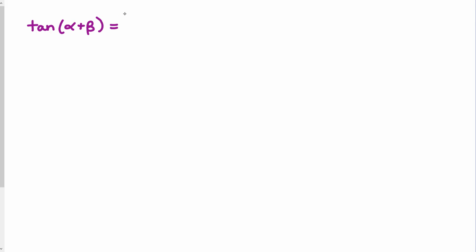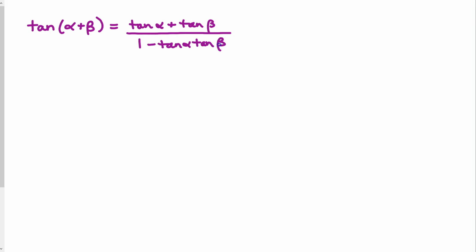What you can do to derive it is you take, remember that tangent equals sine over cosine, you take the sine identity divided by the cosine identity, do a whole bunch of algebraic gymnastics, and bada boom bada bing, you get this. Tangent alpha plus beta equals tangent alpha plus tangent beta over 1 minus tangent alpha tangent beta.